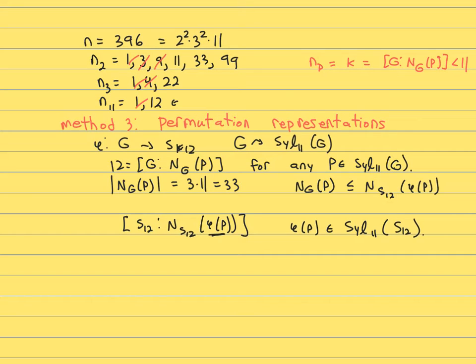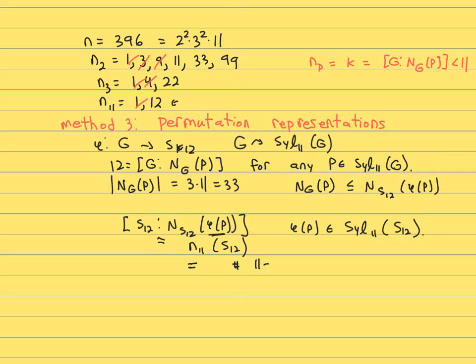So in particular, this number is n_11 for S12. So it's the number of Sylow 11 subgroups. But we're working with the full symmetric group now. What is a Sylow 11 subgroup? It's generated by 11-cycles.